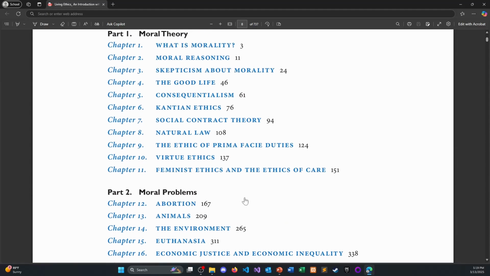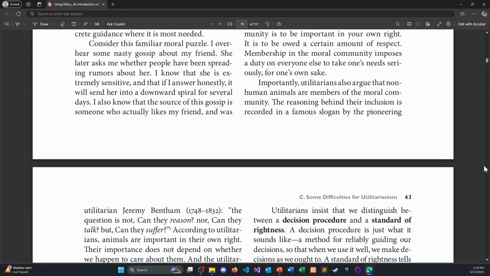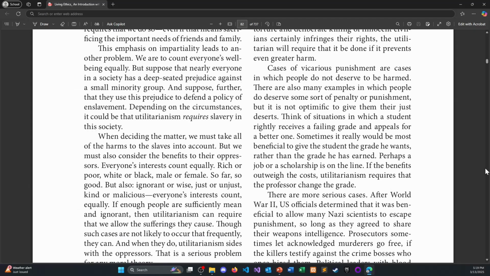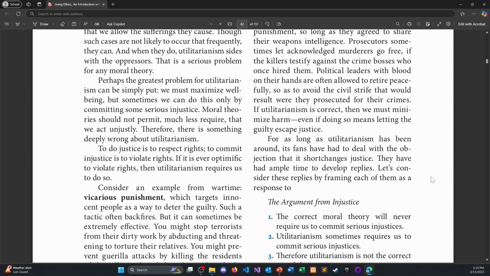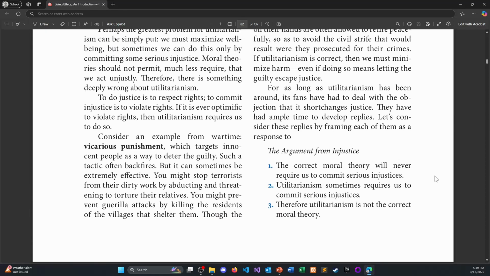we can come to a specific chapter that has a specific topic, for instance, consequentialism, and then we can look at that chapter trying to figure out what the main arguments are. The lovely thing about this particular book is that it will lay out arguments for us explicitly. So the arguments look like this.